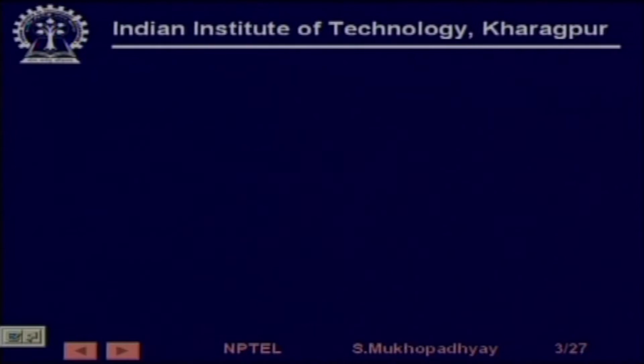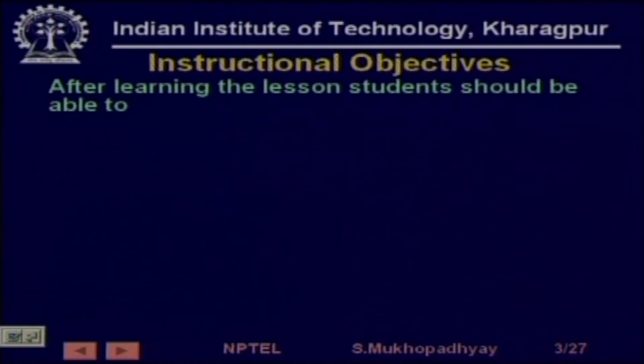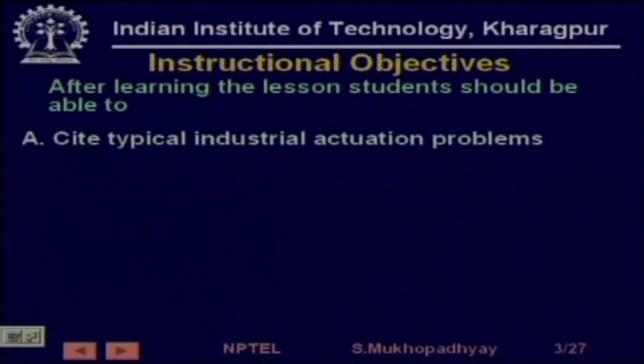Looking at the instructional objectives, after this lesson a student should be able to cite typical industrial actuation problems, some very common problems which occur in the case of industrial systems.